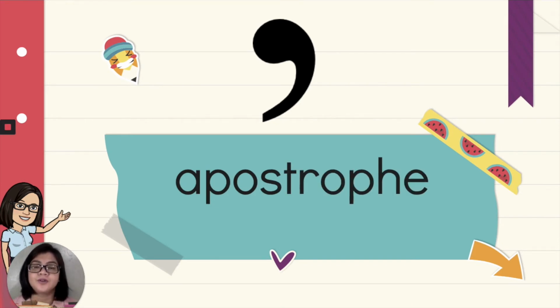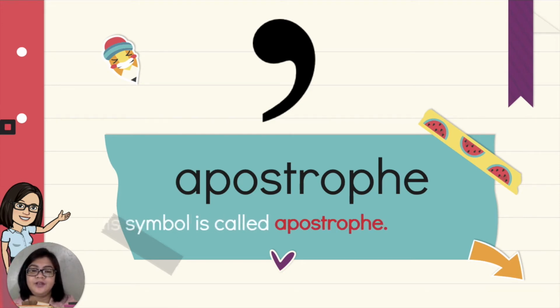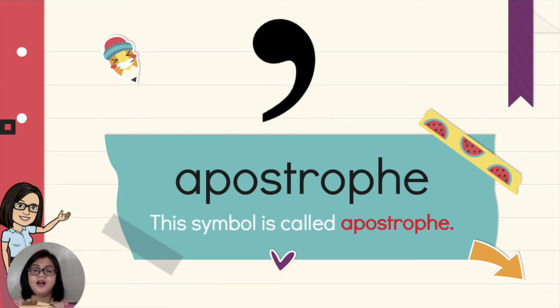Okay, can you say apostrophe? Okay, good job. Apostrophe is the symbol used for creating possessive forms of nouns. So practice saying apostrophe because we're going to use it in this lesson and maybe in other lessons.